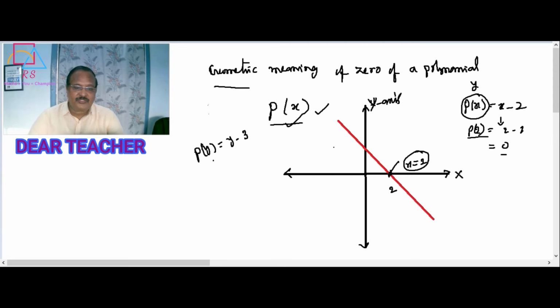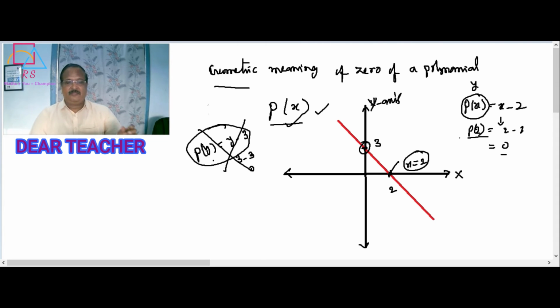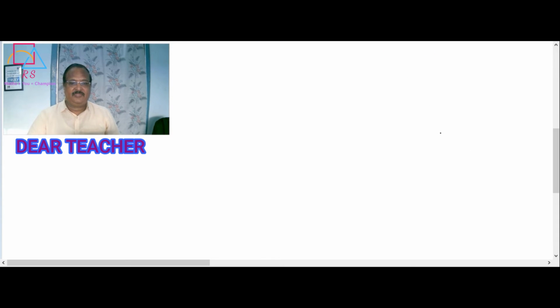This has to intersect the y-axis. For example, if this is 3, then 3 minus 3 is 0. So y is equal to 3 is the zero of this. Now usually we don't go for this. We use only p(x). So then we go for x-related graphs only.